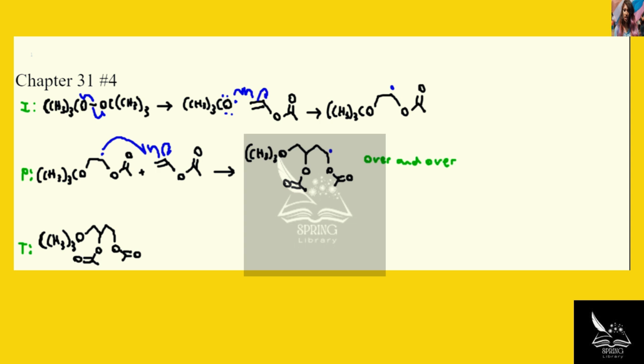This could be between two lengths of polymer chain that have been built, whose radicals react with one another, or it could be between a length of polymer chain and one of the initiator molecules that we made in the beginning, from when that peroxide bond split.